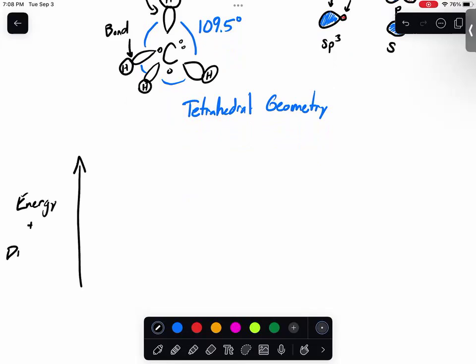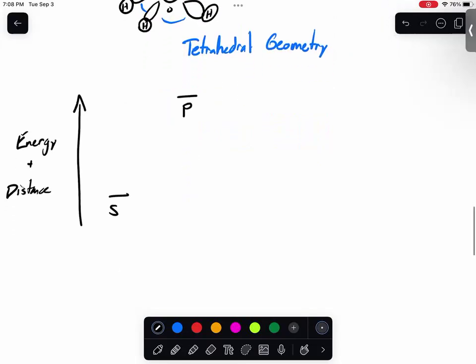And we were essentially saying that earlier we have these s orbitals and these p orbitals, and the nucleus is all the way down here. And of course, as you go further away from the nucleus, it increases in energy, and so does the distance. This sp3 orbital is going to sit somewhere like right here.